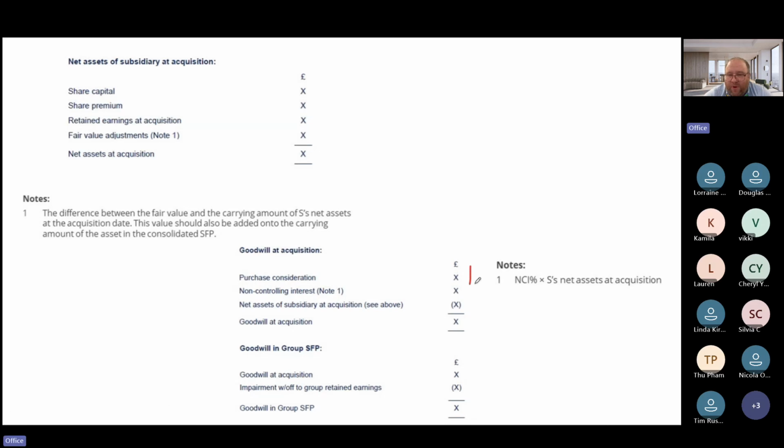So if you've got 1.5 million, and the non-controlling interest, this bit here, and the bottom answer here is £1 million, so that would be that bit there. So 1 million.